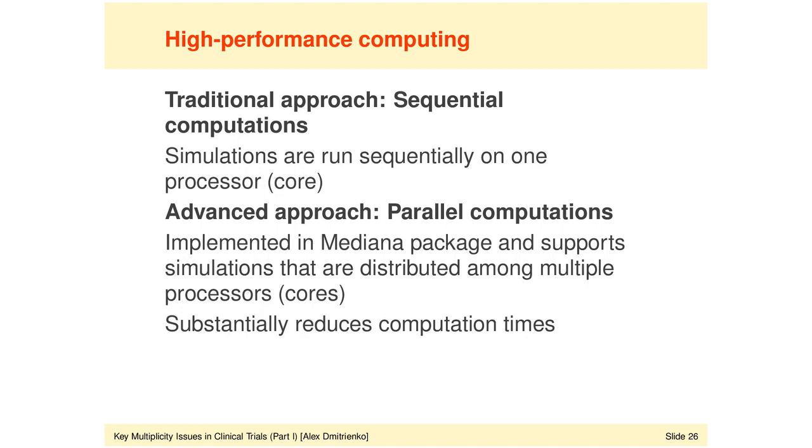The Mediana package fully supports computations that are parallelized to speed up simulations. Parallel computations are performed behind the scenes. You don't even need to worry about them. The package supports simulations that are distributed across multiple processors or cores, and this substantially reduces computation times.